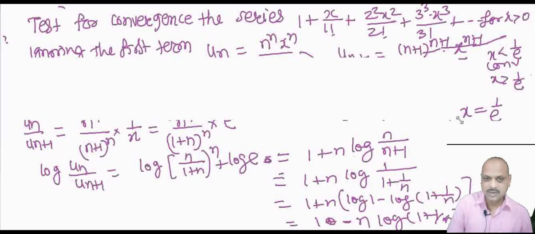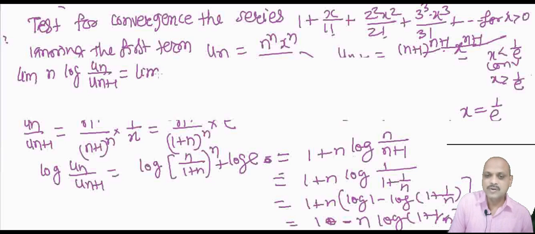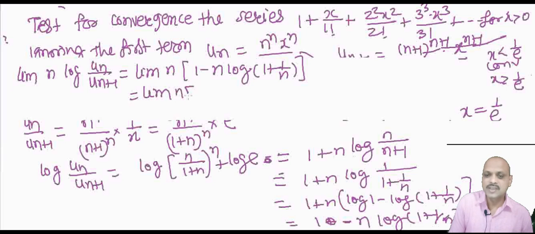Let us take the limit n into (log of u_n divided by u_(n+1)), which equals the limit n into (1 minus n into log of (1 plus 1 by n)).